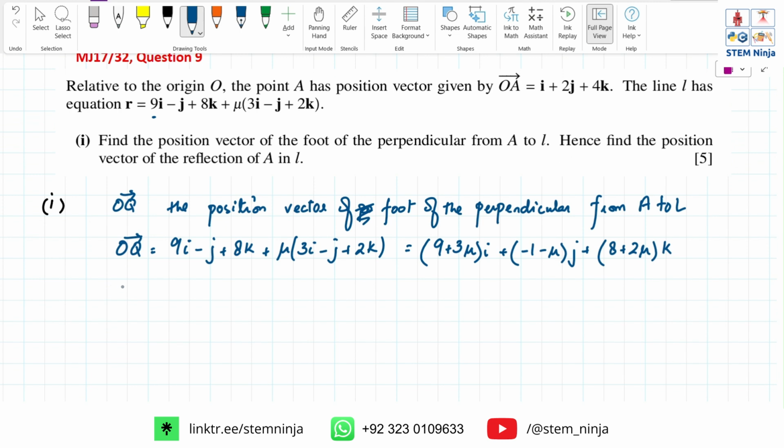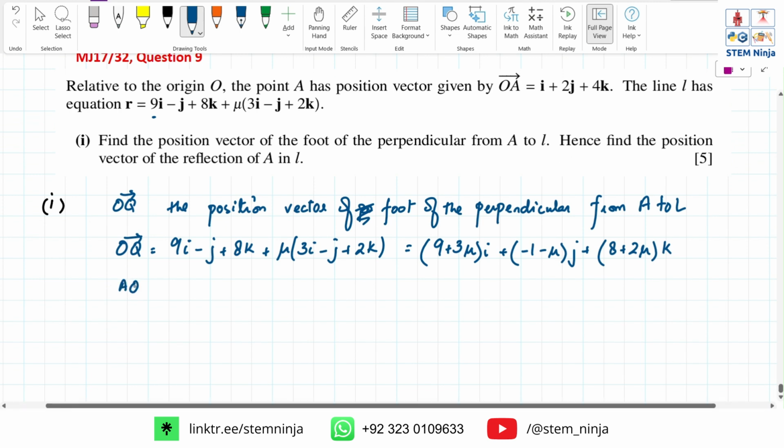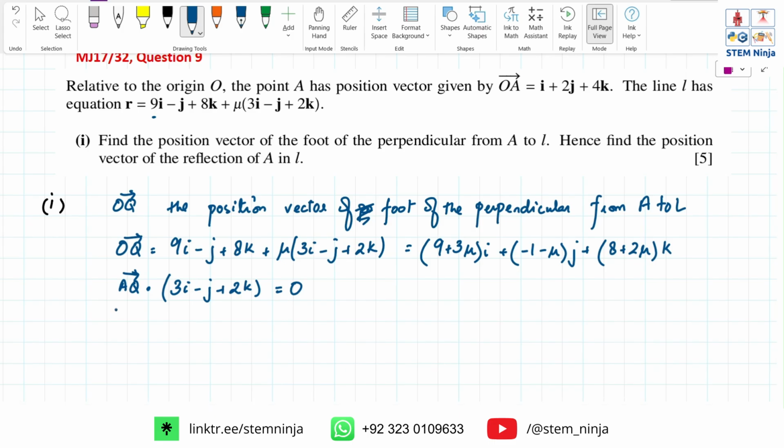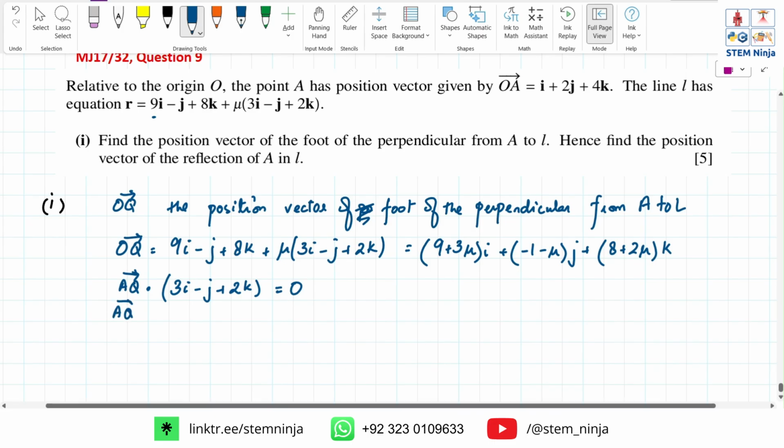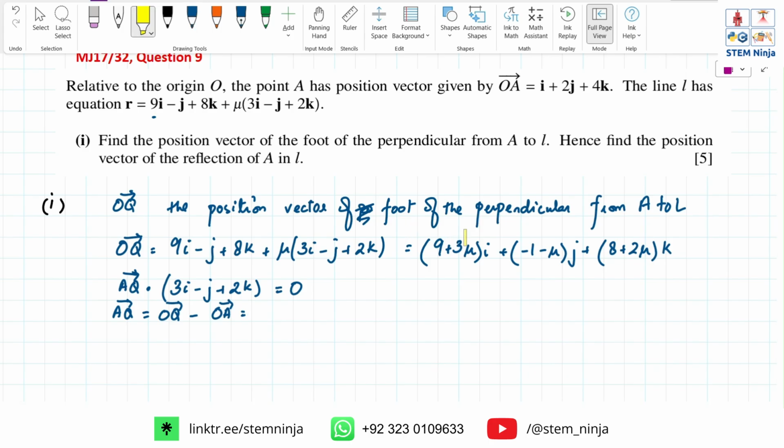The second point is that AQ is going to be perpendicular to line L, or rather to the direction vector of L, since they are perpendicular. So we first need to find AQ, which is going to be OQ minus OA. Now we can use the parametric form over here.